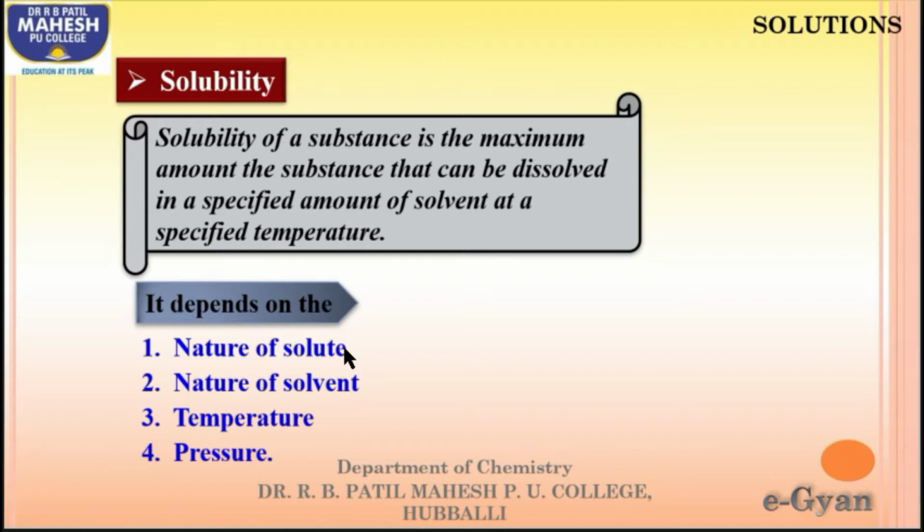If it is a strong electrolyte, then the solubility will be maximum, whereas for a weak electrolyte, the solubility will be very less. Similarly, when I go for the nature of the solvent, if the solvent is polar in nature, then solubility of that solute will increase, because as the polarity of the solvent increases, it will easily make the solute molecule dissociate. Next is temperature.